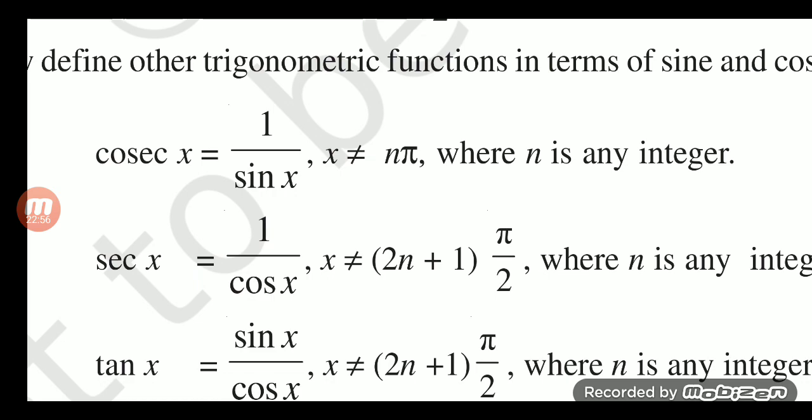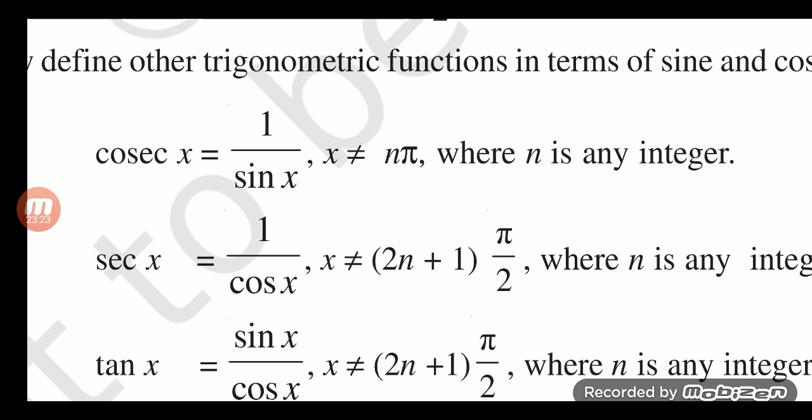Similarly, same case for cos. For cos also we do the same thing: (2n plus 1) pi by 2. We don't take an odd integral multiple of pi by 2.